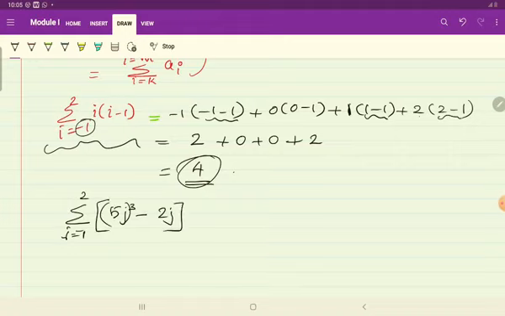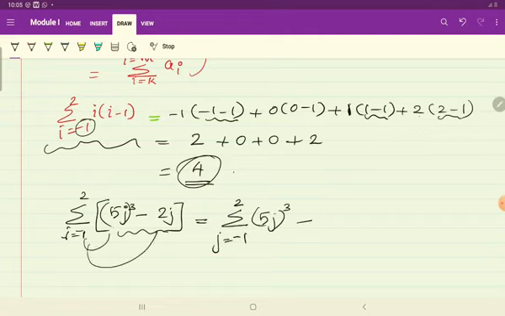So this is actually the difference of two terms. We can take the summation of each, summation j varies from minus 1 to 2 of 5j whole cube, minus summation j varies from minus 1 to 2 of 2j.